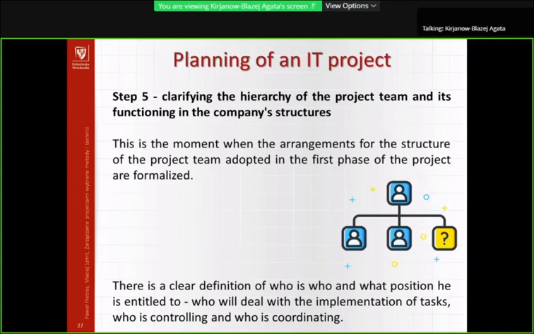It is determined whether the adopted hierarchy of the project team is clear, understandable, and suitable for everyone. This is a clear definition of who is who and what position he is entitled to, and who will deal with the implementation of tasks, who is controlling and who is coordinating.